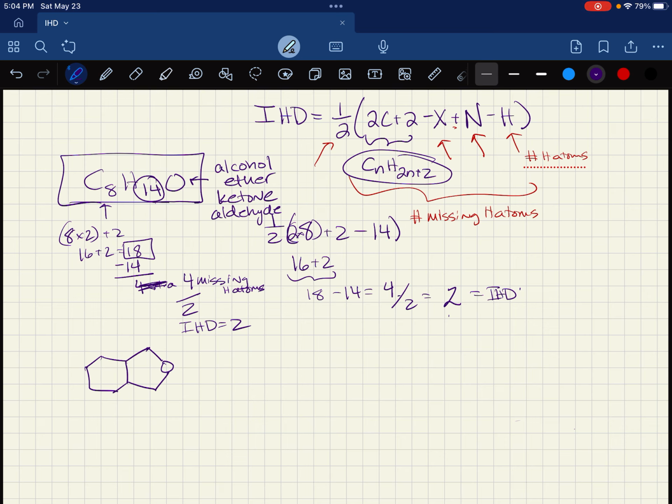So here I have 8 carbon atoms. I have my 1 oxygen. And because I have 2 rings, the IHD of this is 2. So I should have the right number of hydrogen atoms, but we can go in and double check just to satisfy ourselves.